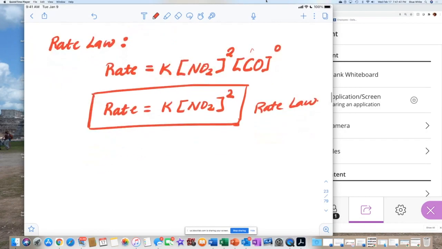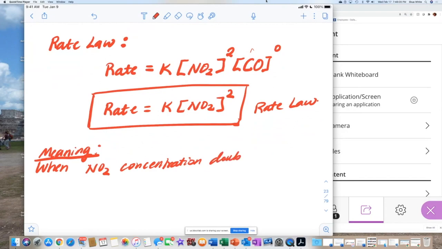Okay, what does this mean? You need to know the implications of this. This means that when the NO2 concentration doubles, the reaction rate quadruples.